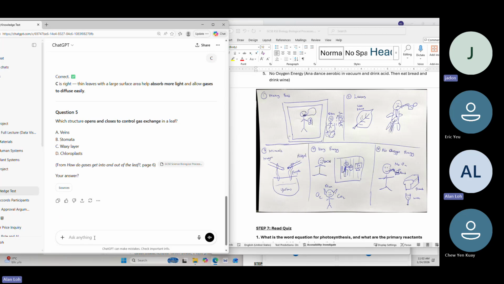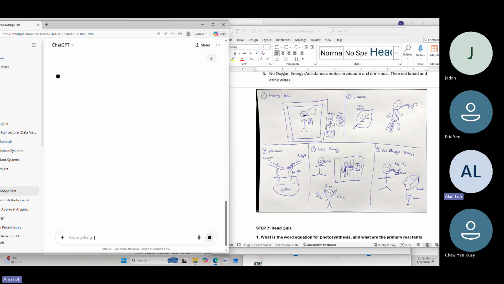Louder, please. Drawer number 2. Yes, you're right. Answer? Stomata, B. Anyone object? Next.